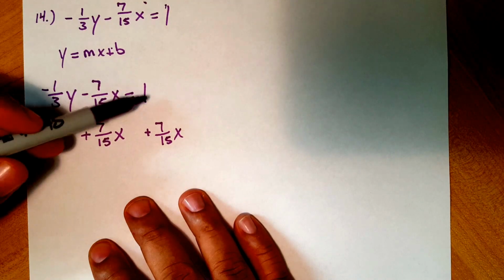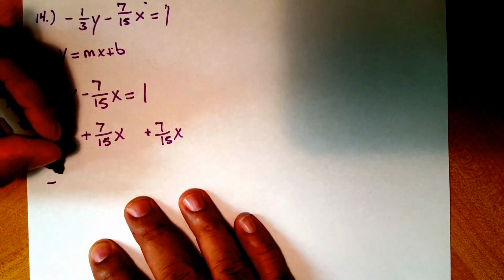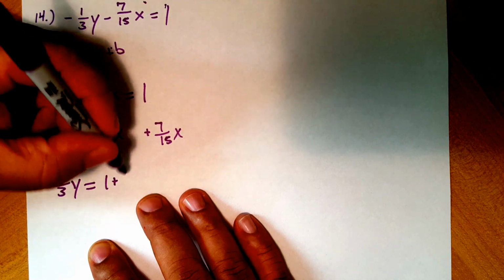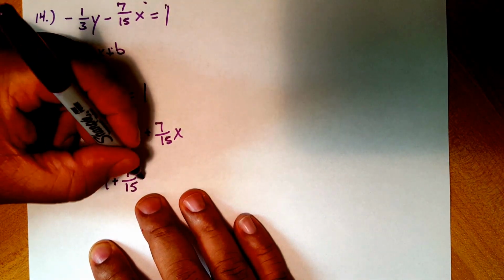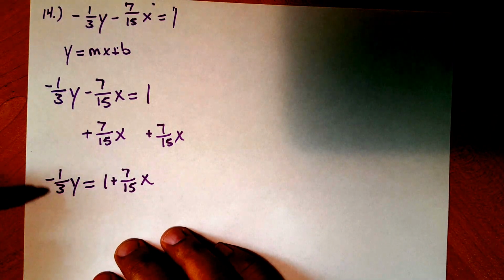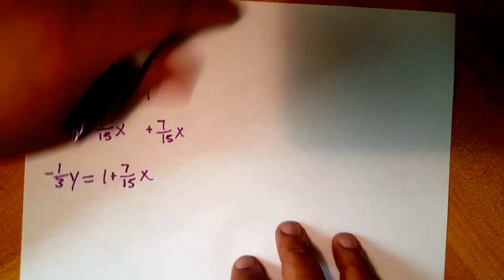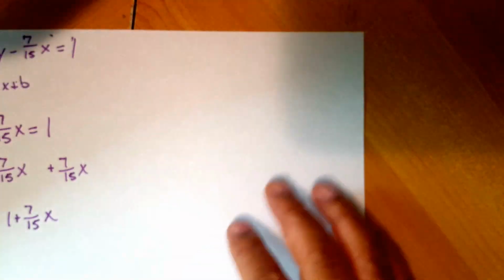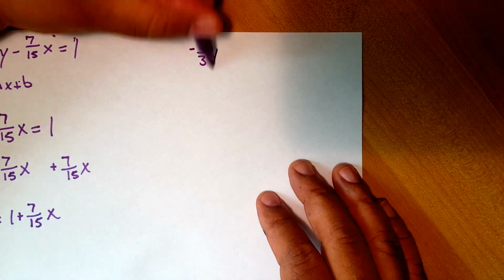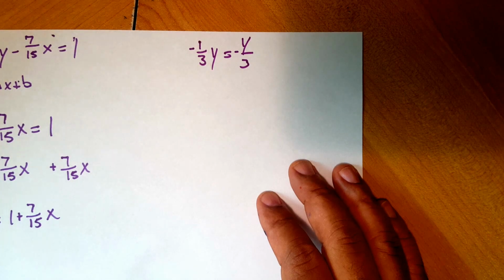And again, don't try to add 1 and 7/15. They're not like terms. And we just have this. Now we're faced with this problem right here, okay? We'll write a little brief aside real quick. We talked about how I can rewrite this as -y/3.